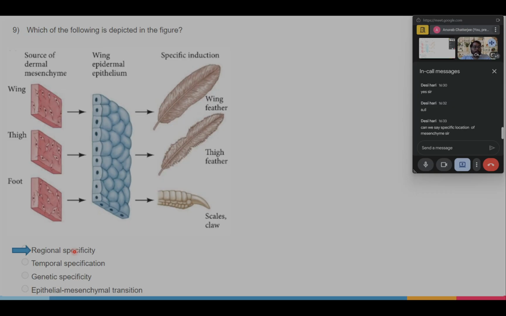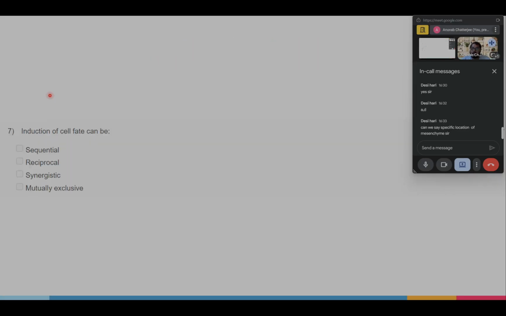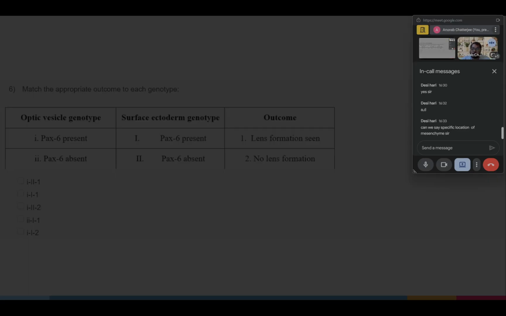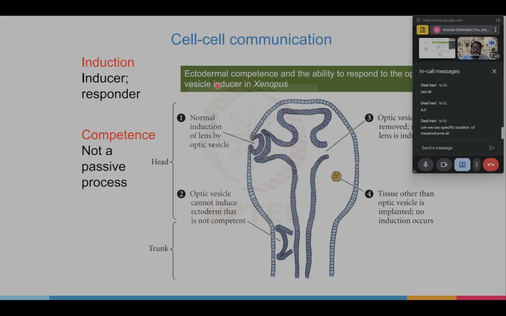Can we say the specific location of the mesenchyme? Yes, where the mesenchyme is coming from is important. If we go back to our original experiment, you can imagine the optic vesicle, but instead we are now transplanting tissue from different parts of the body. So different mesenchymes are being placed here, and they induce different changes in the surface ectoderm.